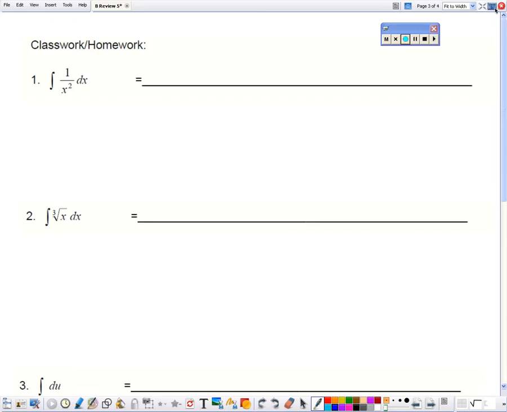Okay, so now for the classwork and homework problems, there's 10 more to practice with. Going to change this so that I don't have the fraction. Use the simple power rule and reorganize that.